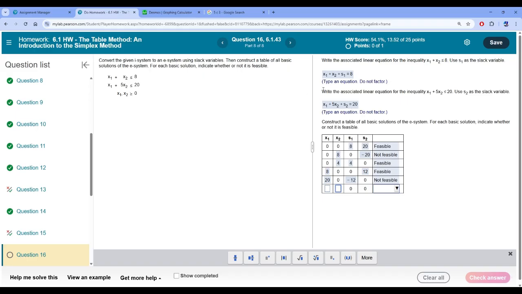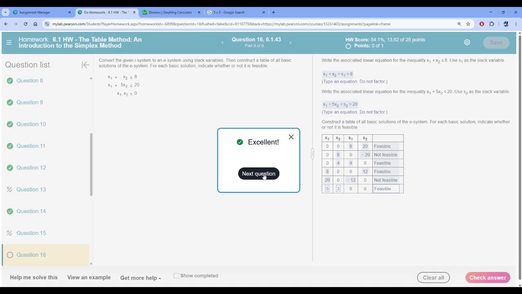If I subtract them, I get that negative 4x2 equals negative 12, which gives me x2 is equal to 3. Once I have that x2 is equal to 3, 3 plus what? 5. And this should be feasible because they're all non-negative. Yeah, cool.